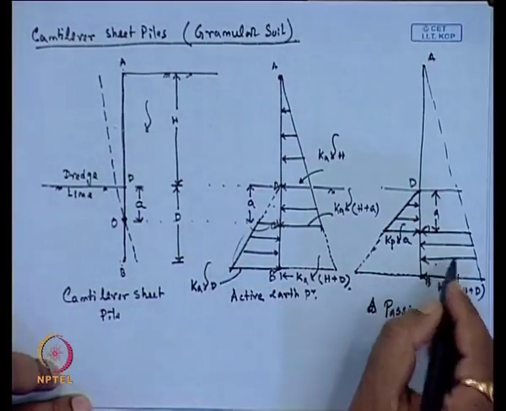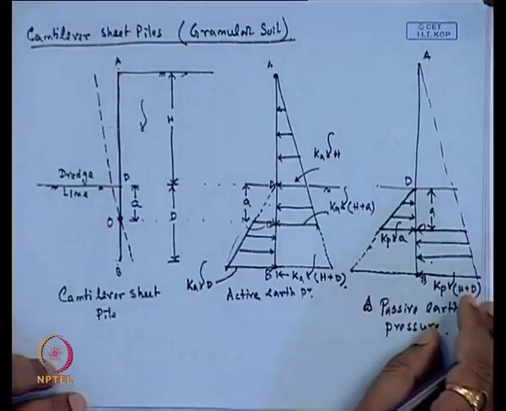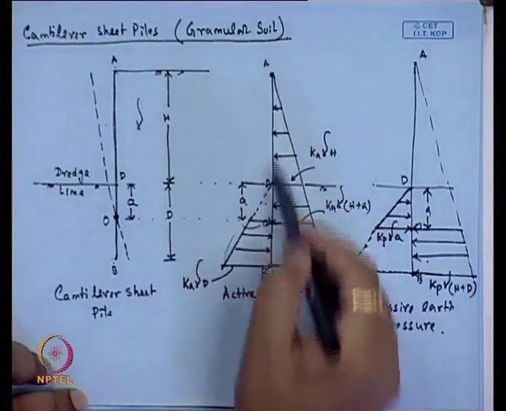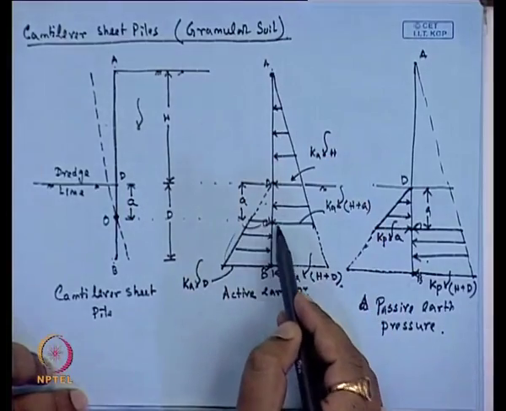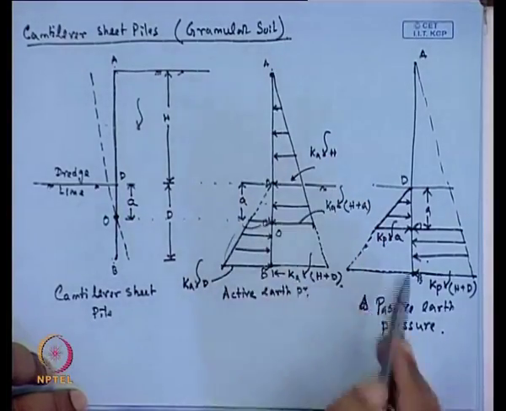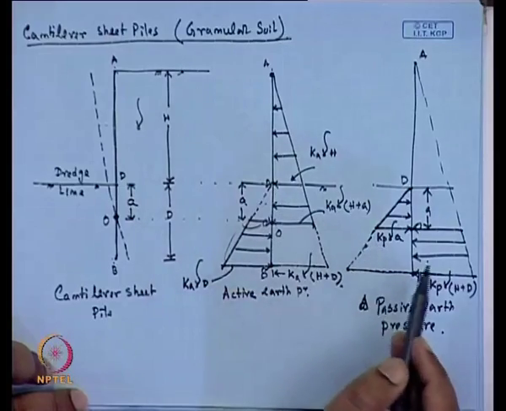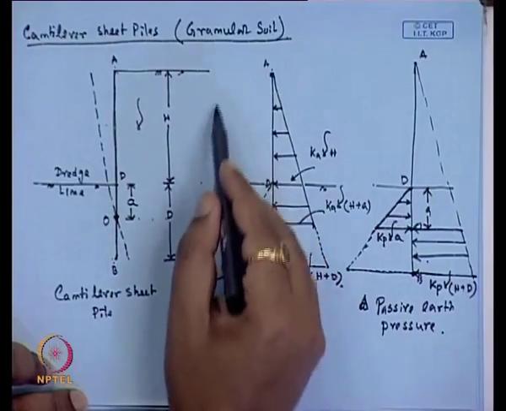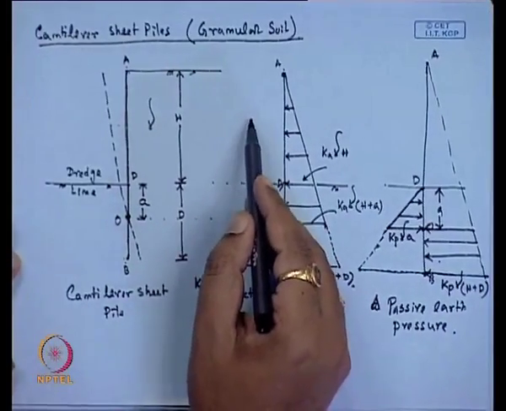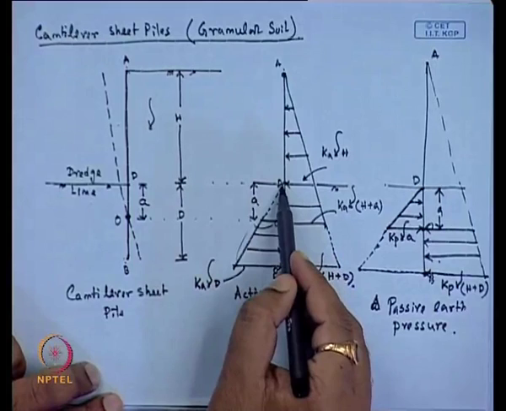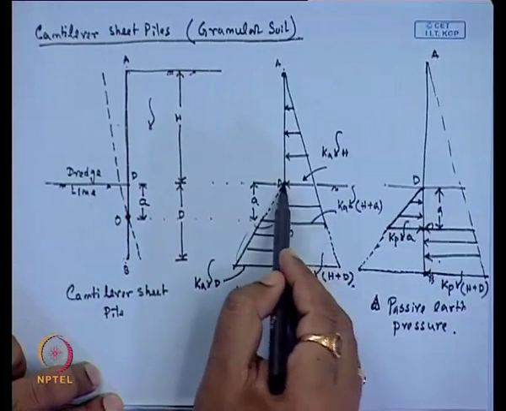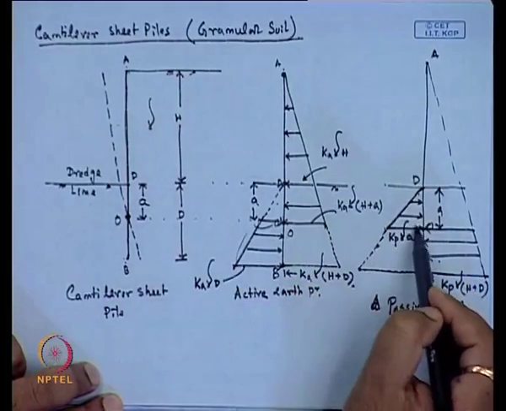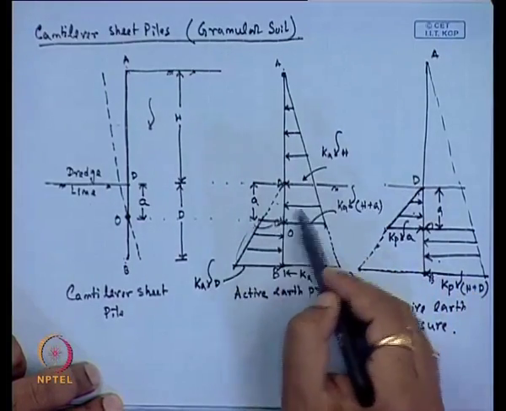So, now this is the net diagram, is that this is active from A to O in the right hand side. Similarly, in the opposite direction, because this portion is void, that is soil is not present here, the passive resistance will act from this side point D to O. So, D to O is the passive, opposite to this portion.